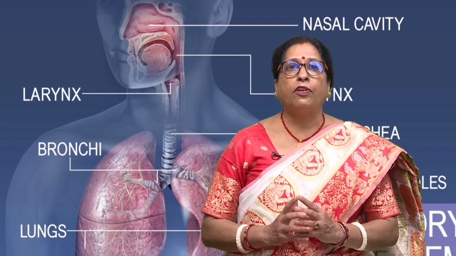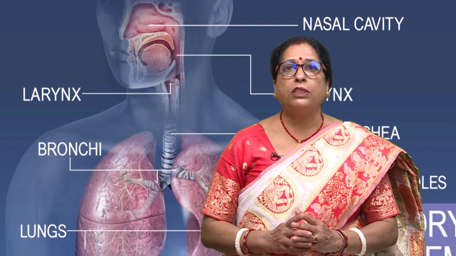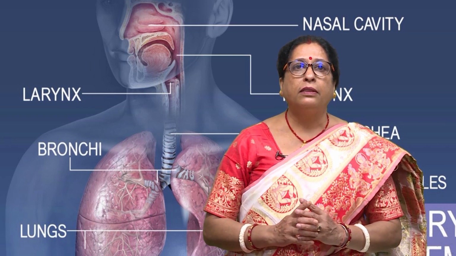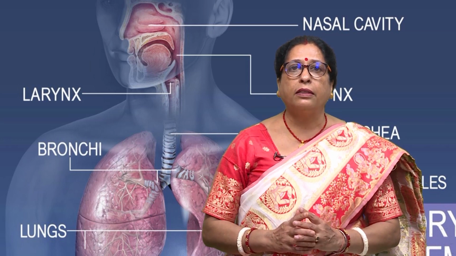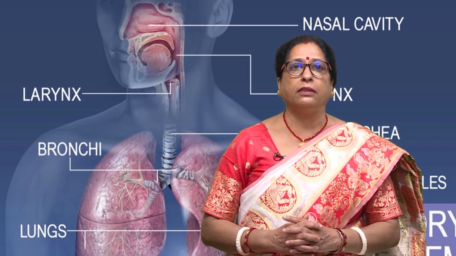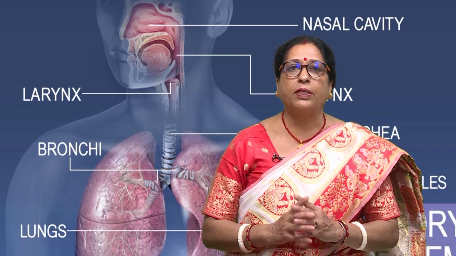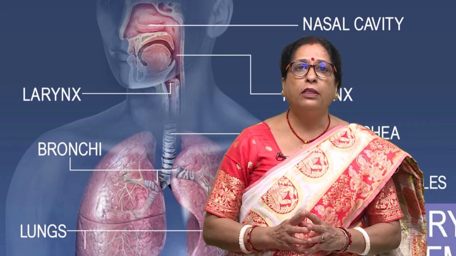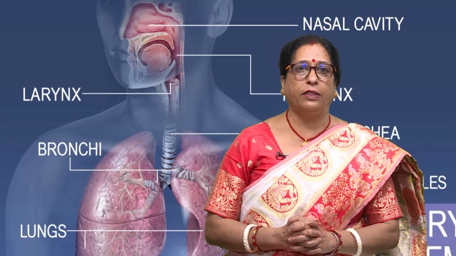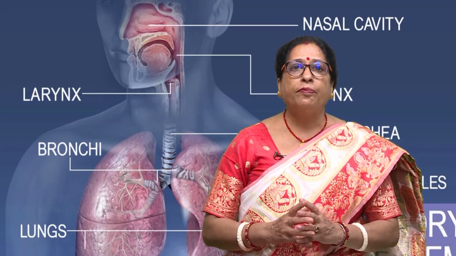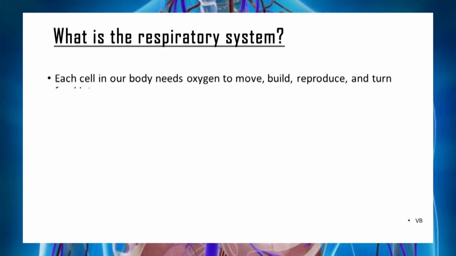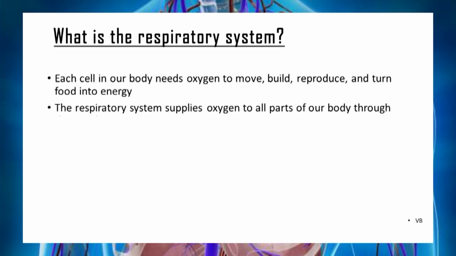Each cell in our body needs oxygen to move, build, reproduce and turn food into energy. The respiratory system supplies oxygen to all parts of our body through the circulatory system. Every time we inhale, our blood absorbs and then circulates the air all over our body.